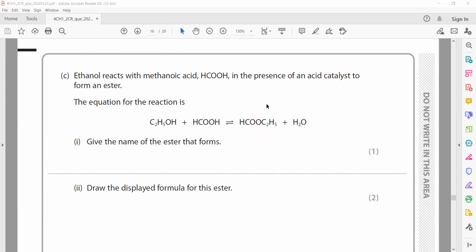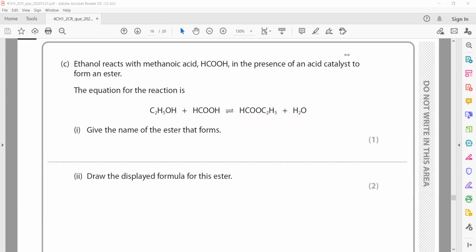Ethanol reacts with methanoic acid in the presence of an acid catalyst to form an ester. The equation is shown. Name the ester formed. When ethanol is mixed with methanoic acid, what is the name of the ester formed? The first name of the ester is from the alcohol and the second name is from the carboxylic acid.